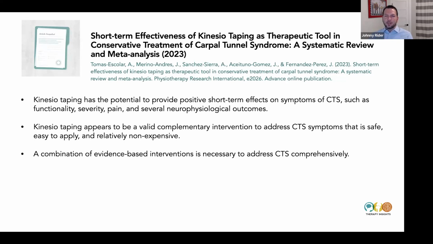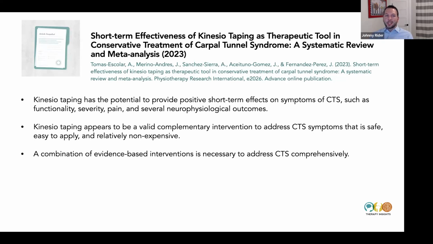But in general, we find from this study that Kinesio taping can provide some positive short-term effects on various symptoms of carpal tunnel syndrome. So we have function being one, severity of those symptoms, pain, and even neurophysiological outcomes when they look at our motor control and some of our sensory information, how quickly we can interpret and send signals from the peripheral and central nervous system.